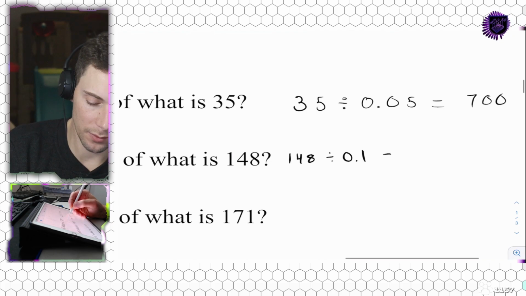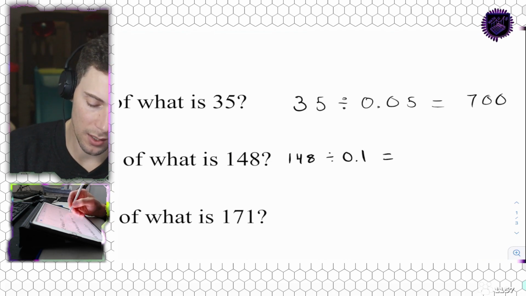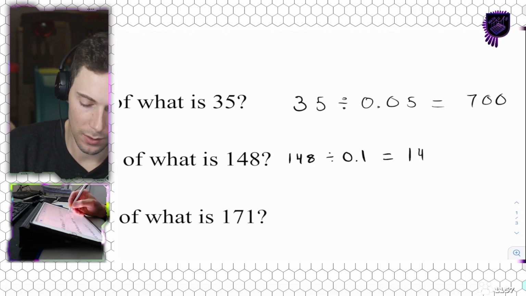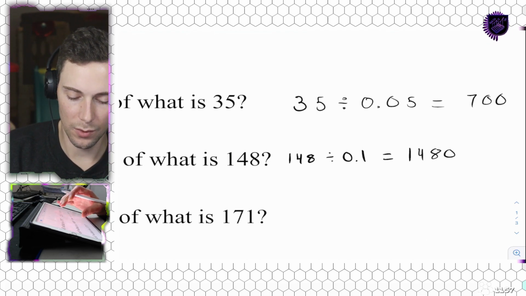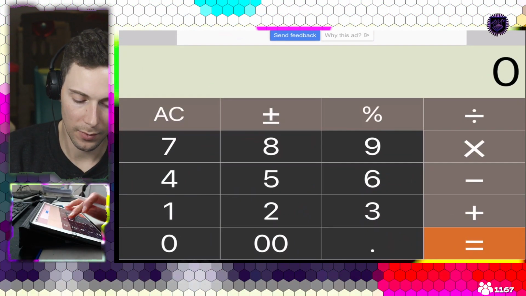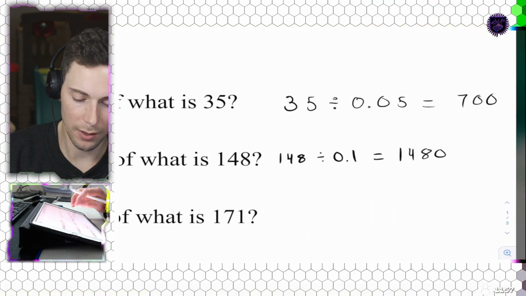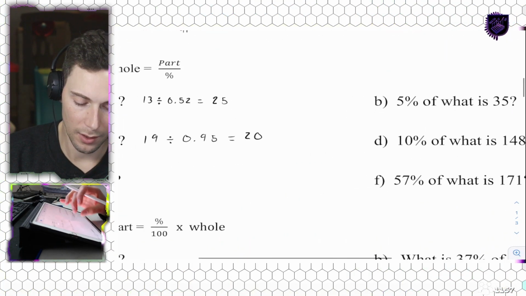That's going to equal 1,480. And you can do that math by just shifting the decimal, but let's show it. 148 divided by 0.1, 1,480. There it is.